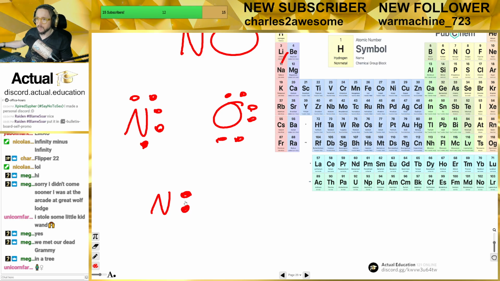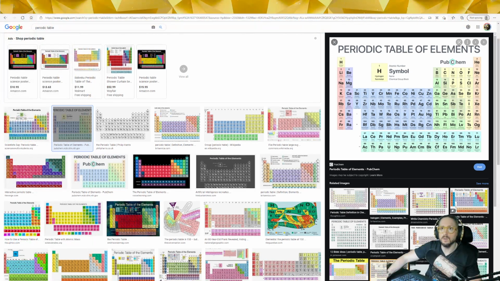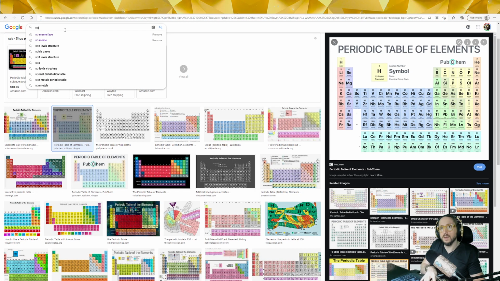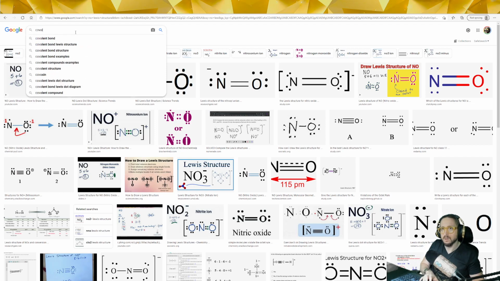I think nitrogen oxide is it? One sec. I need a Lewis diagram for this. NO Lewis structure. Which one is it? I hate this stuff. Okay, nitrogen oxide's a bad example. No, it's actually not the worst one. Let me see. 4 and 4?